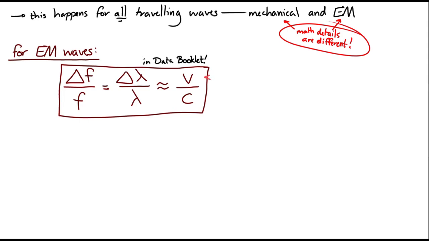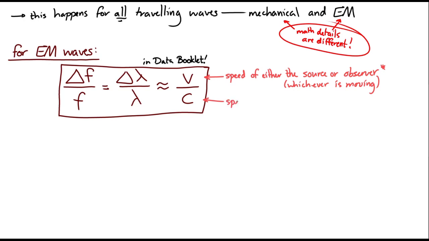So first, let's define what v is. v in this equation represents the speed of either the observer or the source, whichever one is moving. There's actually a little detail to that that we're going to investigate later, but just keep that in mind. c is the speed of light, or the speed of the electromagnetic wave.